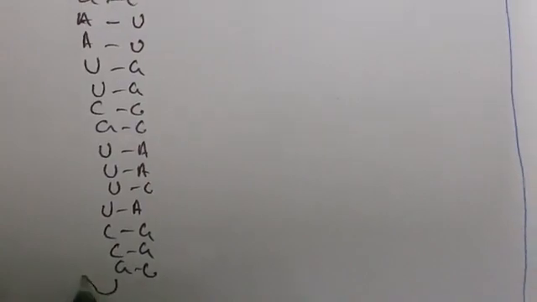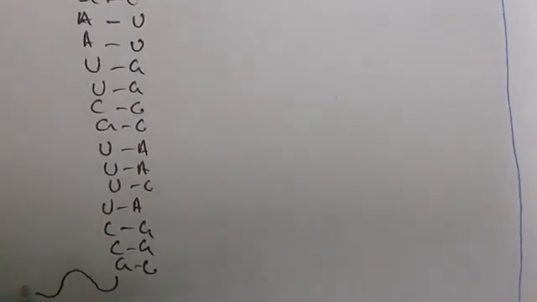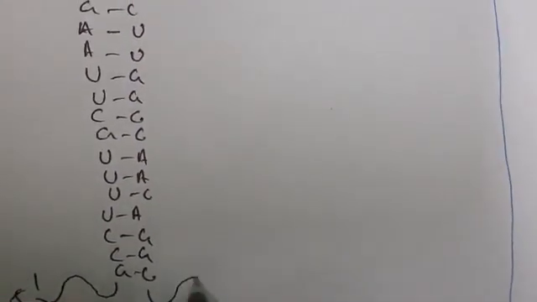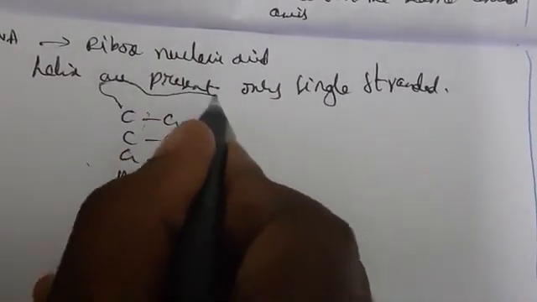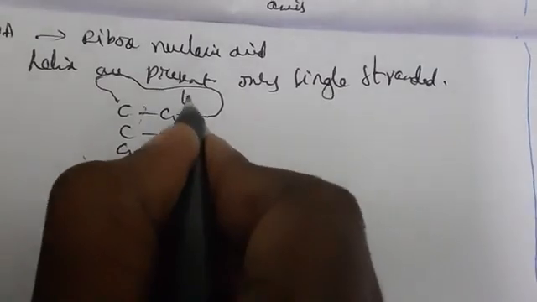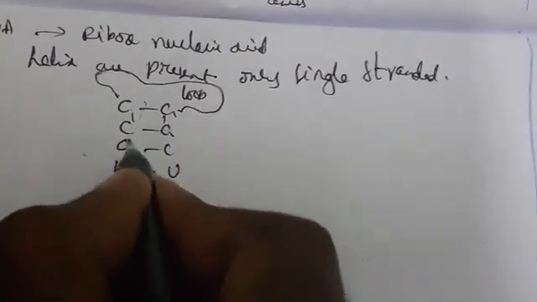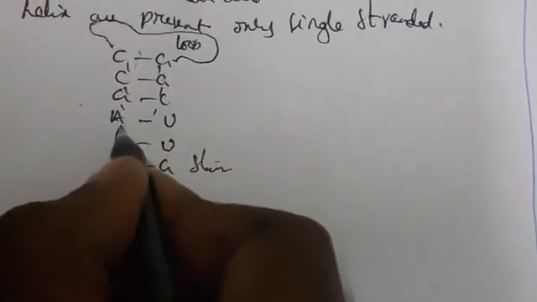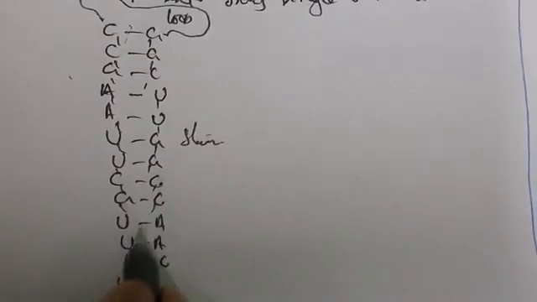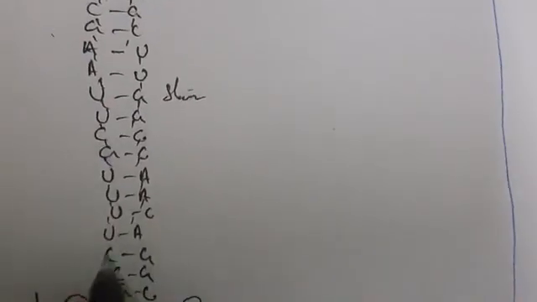Here we have the 5' phosphate and 3', and it forms a loop. This part we call the stem. Just as a tree has a stem to form the leaves, in the same way it has the ribose linkage.